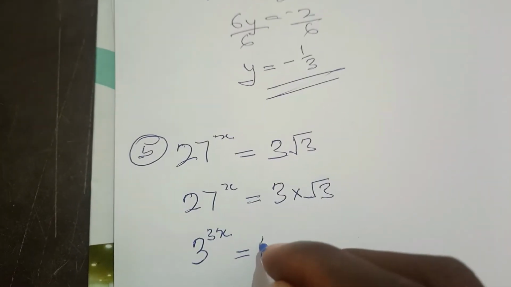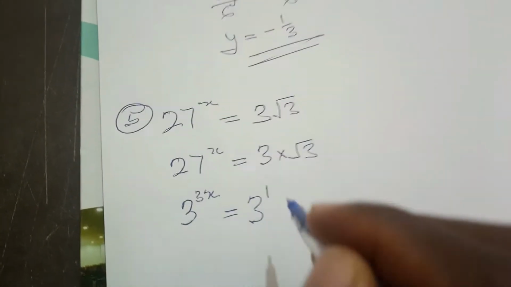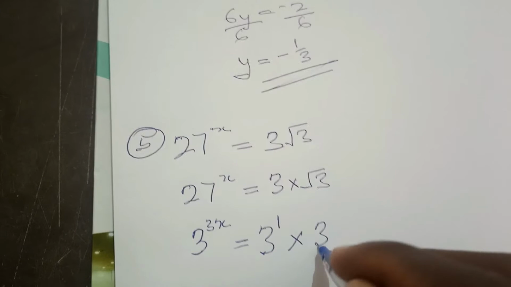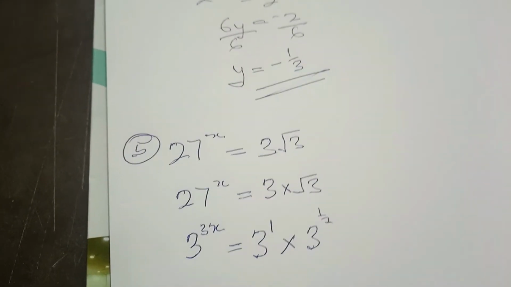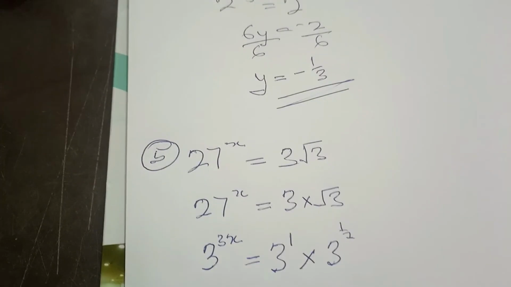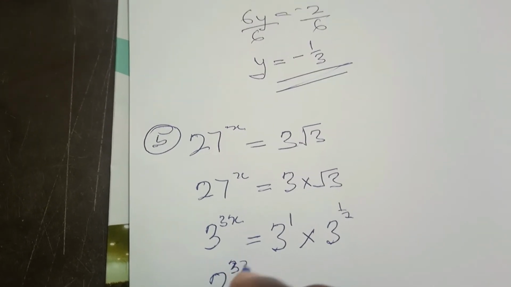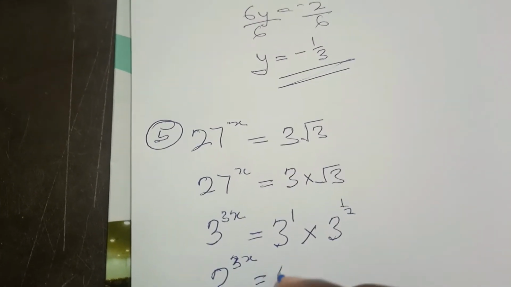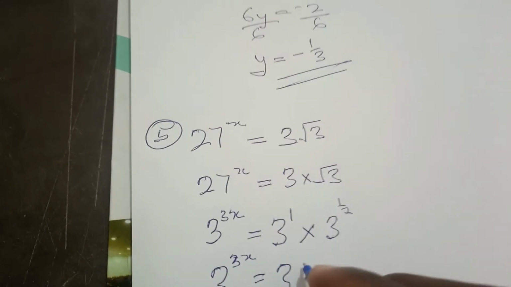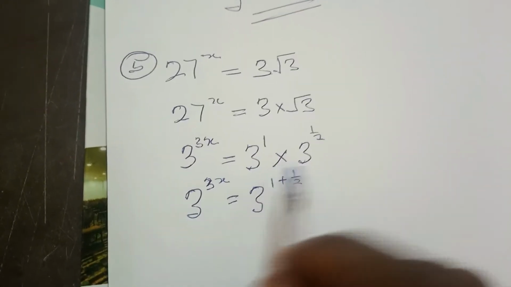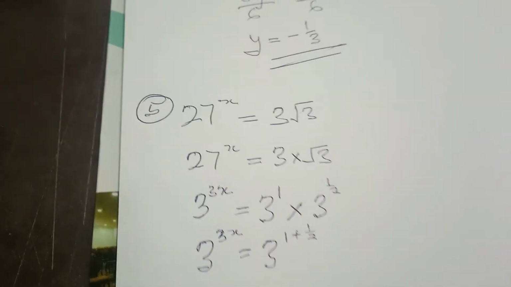This will be equal to 3 exponent 1, just for it to look like indices, times 3 exponent 1/2, which I explained the reason for. So 3 exponent 3x is going to be equal to 3 exponent 1 plus 1/2. The bases are the same, they are multiplied, so we add the exponents.